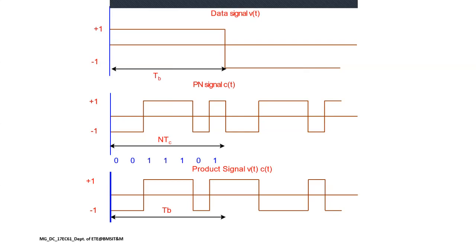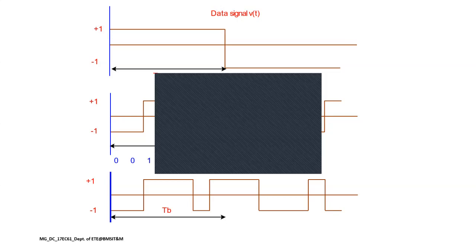So in frequency domain, as we know, see, multiplication of two signals in time domain will be equal to what in frequency domain? It is the convolution of their Fourier transforms in the frequency domain, right? Yes, sir.